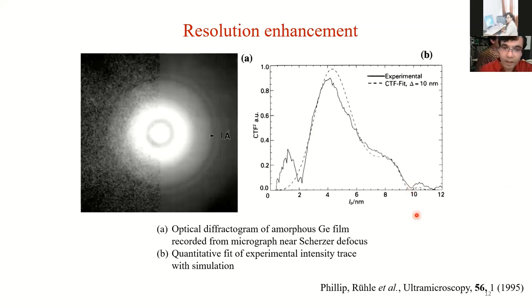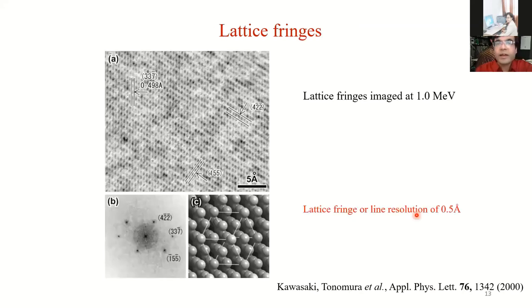And then Tonomura, in 2000, imaged gold thin films at a 1 mega electron volt transmission electron microscope in Japan. Here you got 0.5 angstrom lattice fringe resolution.